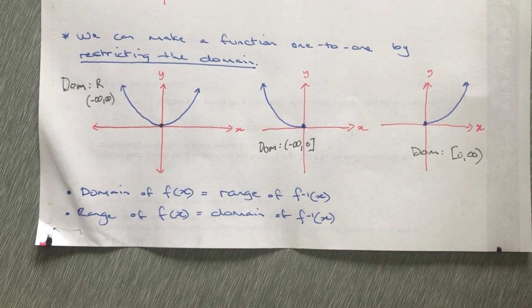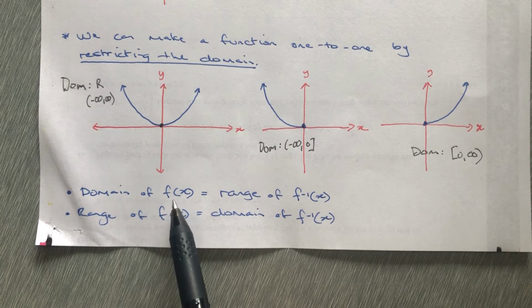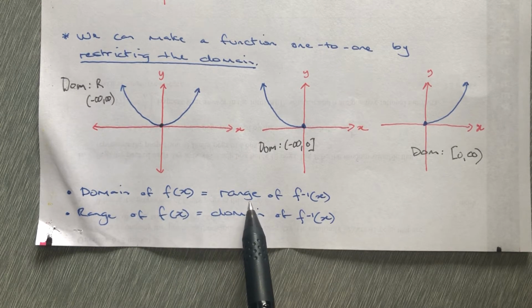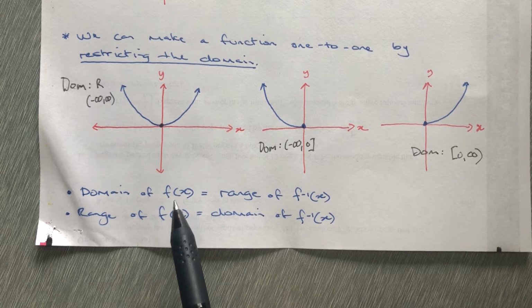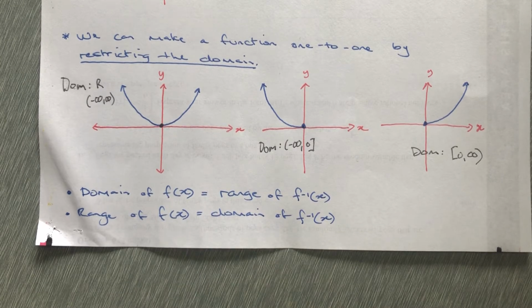So let's just say they gave us the rule for f of x, and they told us what the domain is within that kind of mapping notation, function notation rule, and then they asked for the range of the inverse. You don't need to do any working out. You've already been told what the answer is. I'll touch on that a little bit later as well. So let's have a go at a couple of examples.